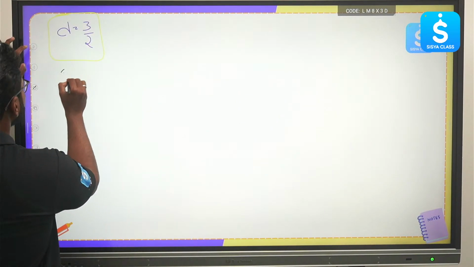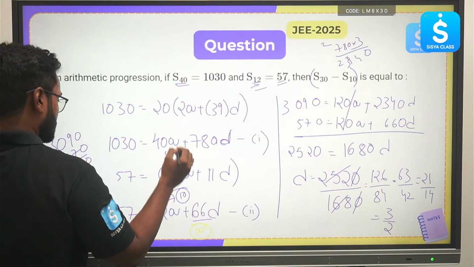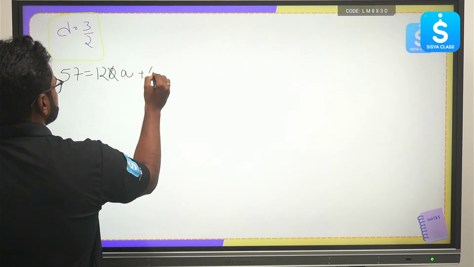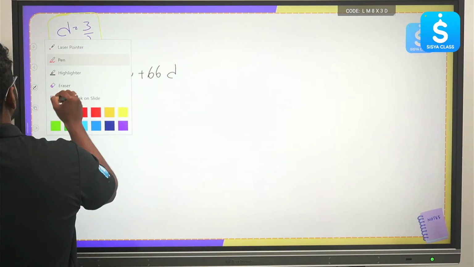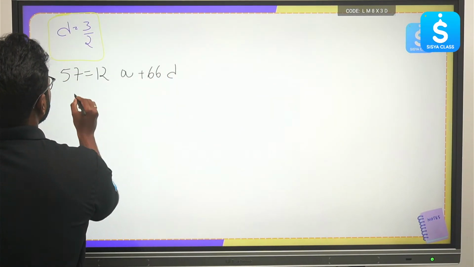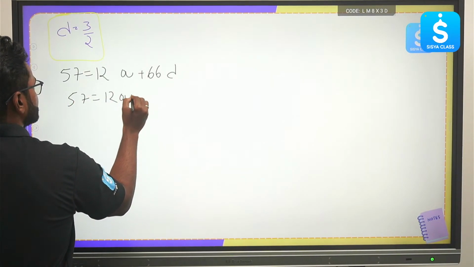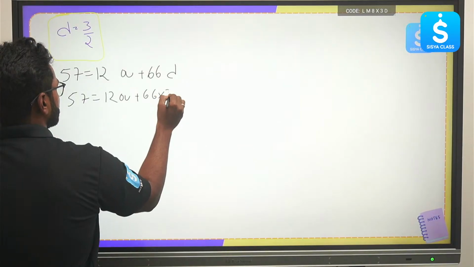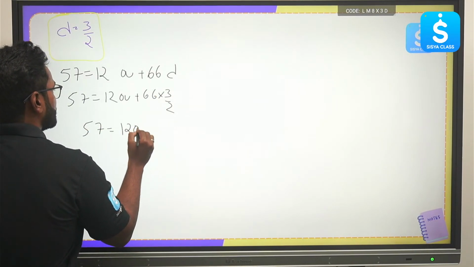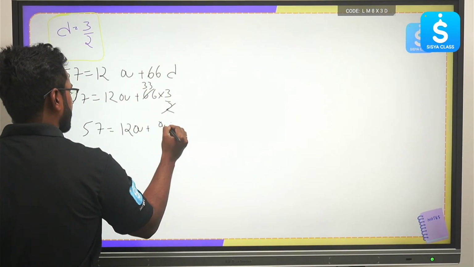57 is equal to 12A plus 66D. We would be getting 57 is equal to 12A plus 66 into 3 by 2. 57 is equal to 12A plus 99.